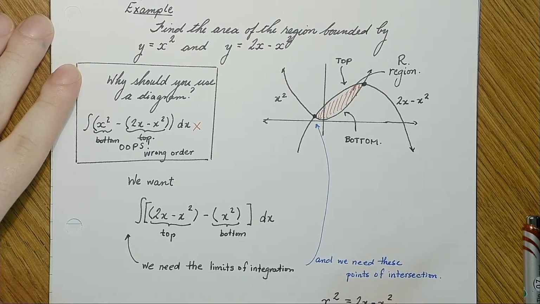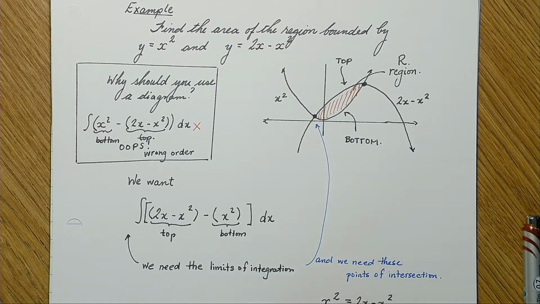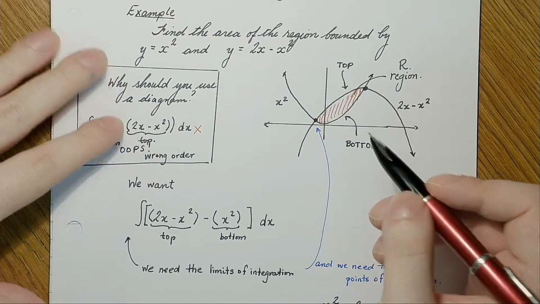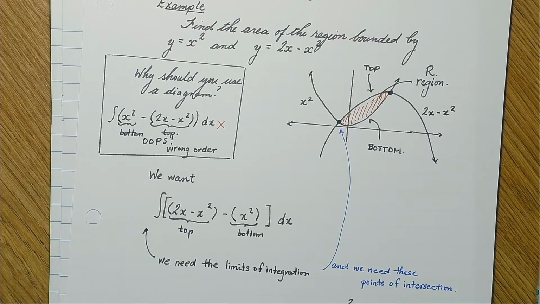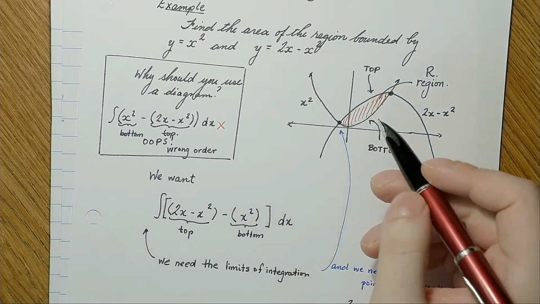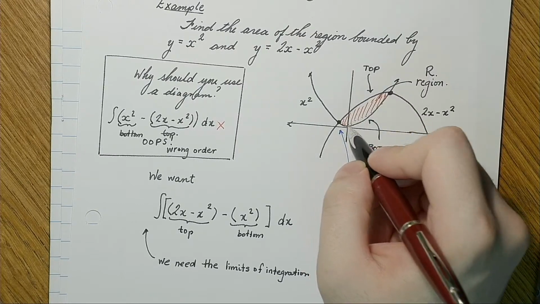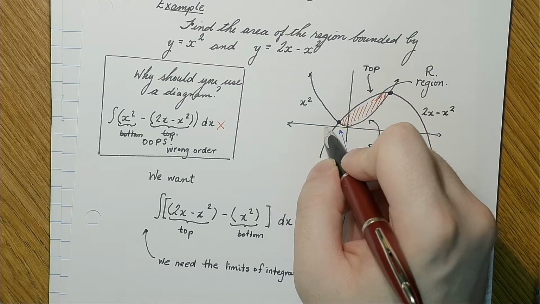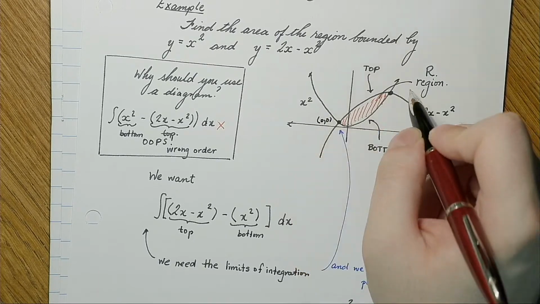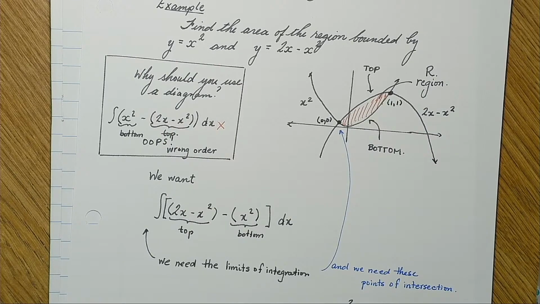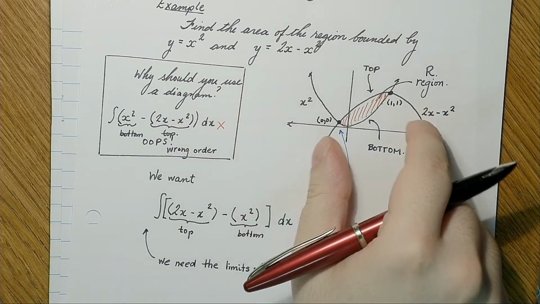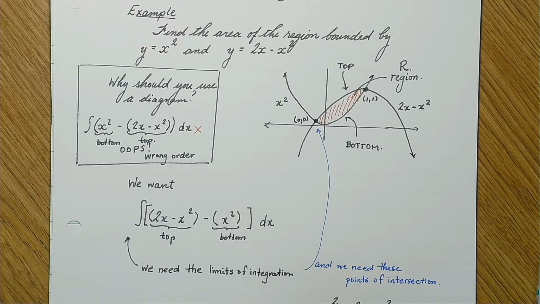Was the diagram a little bit off? Yes, it was. That's what I said when I was writing it. I keep dropping papers, but yeah, this point here should have been at 0, 0. And over here, this should have been 1, 1. So yeah, it should have been translated.